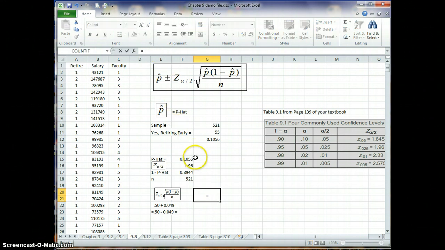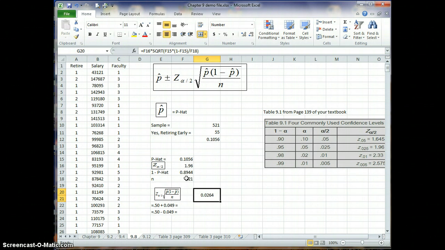So it's equal to the z times the square root of p hat times 1 minus p hat divided by n, and there we go, 0.0264.